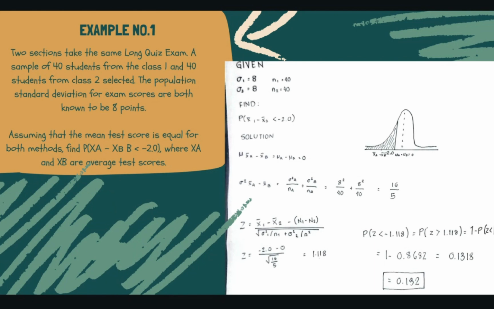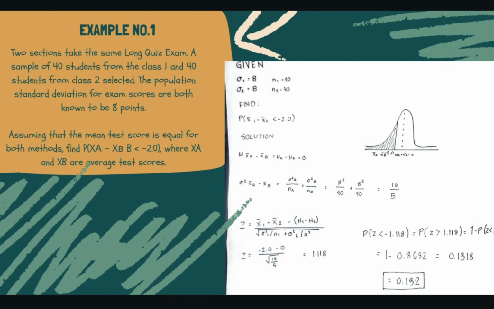Find the difference we want: x bar 1 minus x bar 2 is equal to negative 2.0. Standard error: square root of 8 squared over 40 plus 8 squared over 40, equal to square root of 16 over 5.